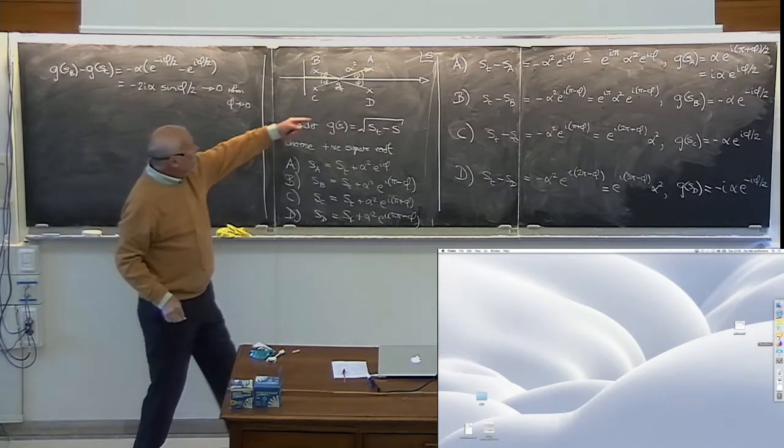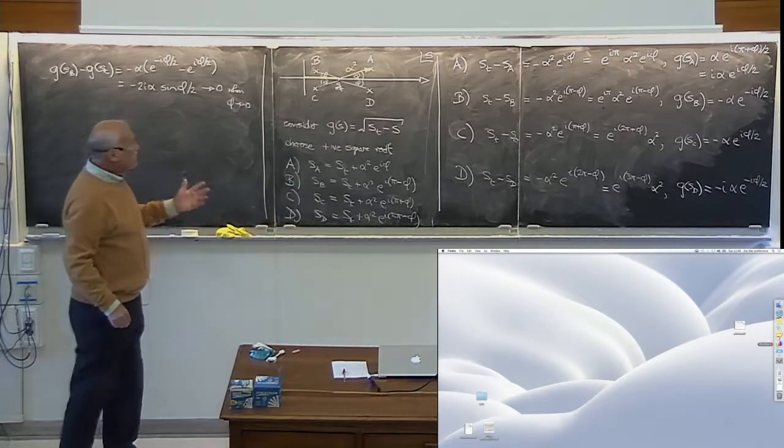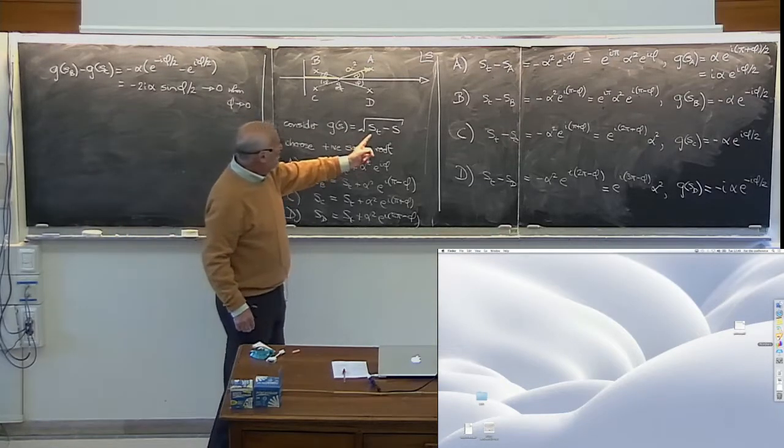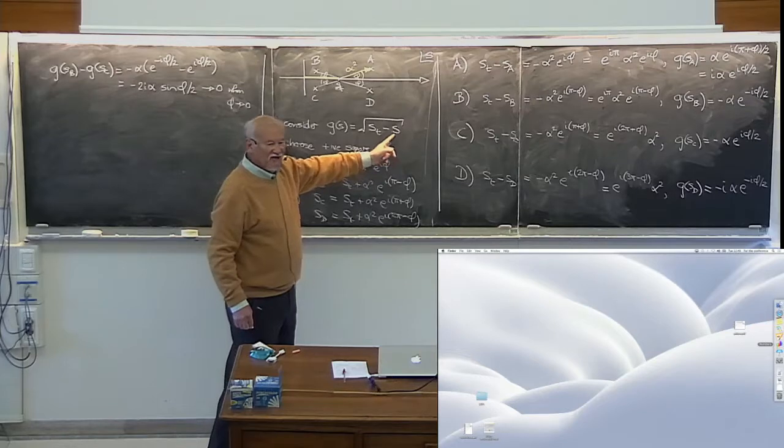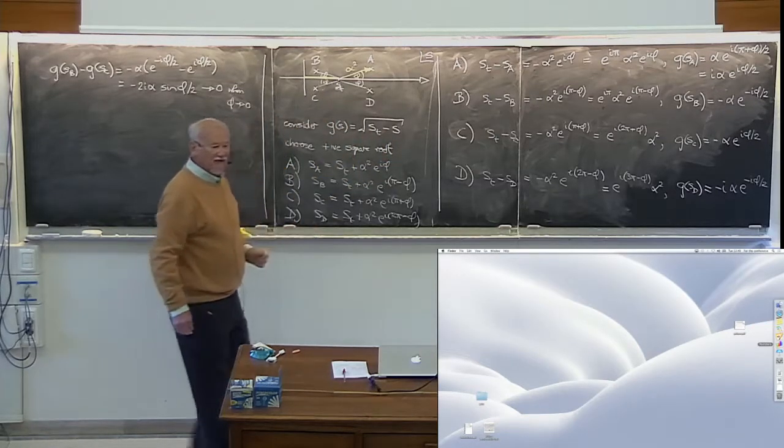So that tells us that this function is continuous when you cross that line, and that shouldn't be a surprise because it's st minus s, and if you're at a point where s is below st, nothing happens.